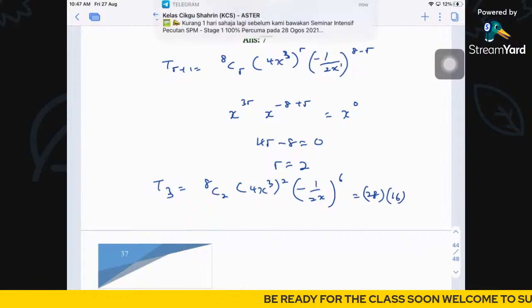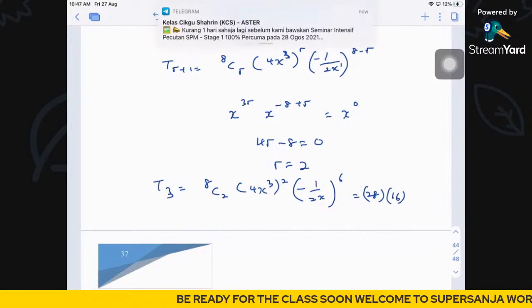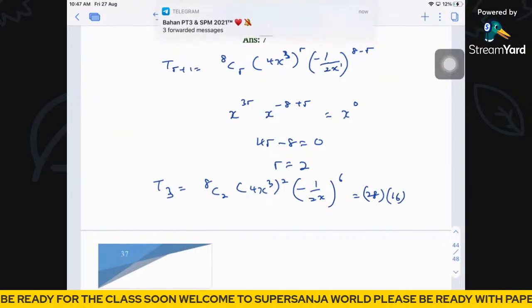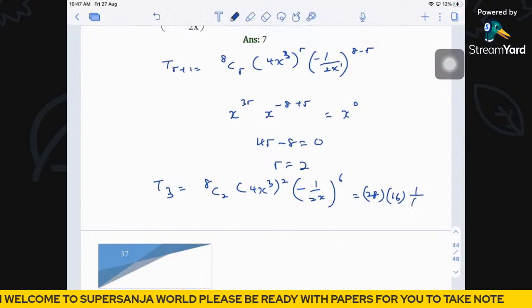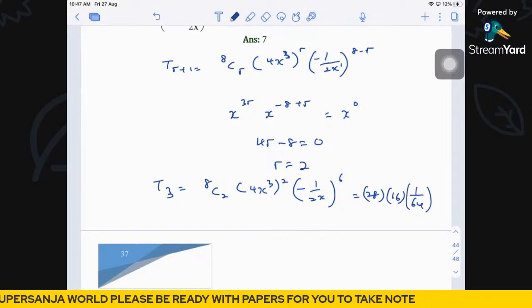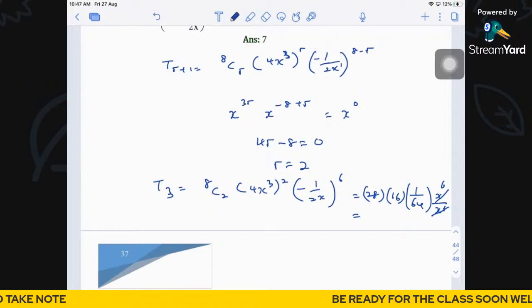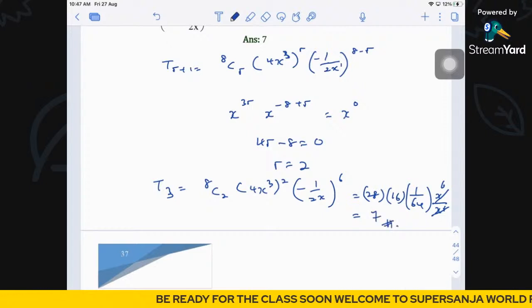And negative 0.5 power of 6 gives 1 over 64. x power of 6 over x power of 6 cancels, no more x. So 28 times 16 divided by 64, I think you get the answer, 7.